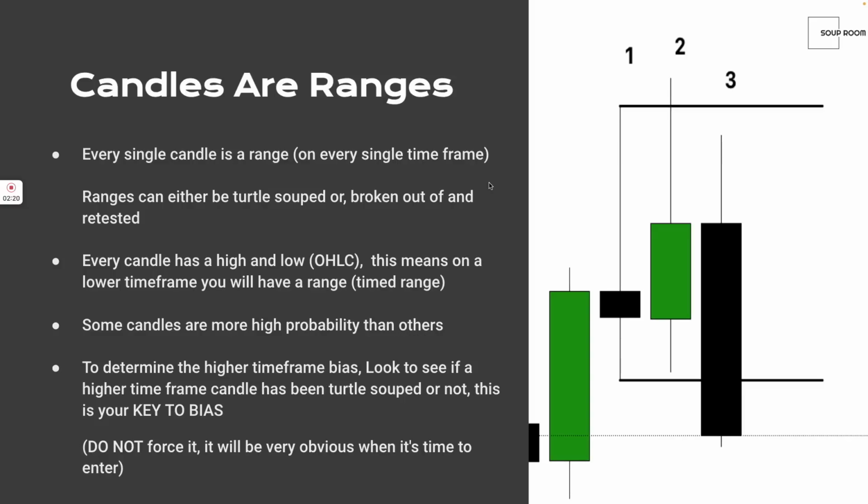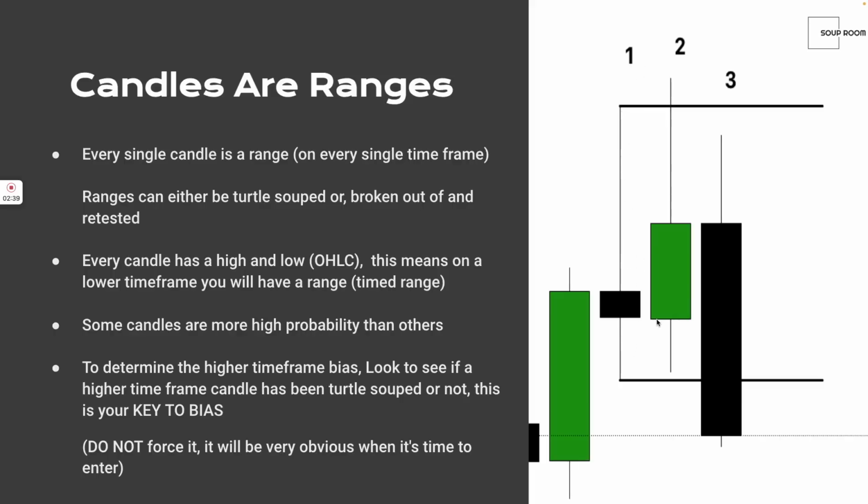Let's look at the example on the right over here. Candle 1: open, high, low, and close. The high and the low form the range.